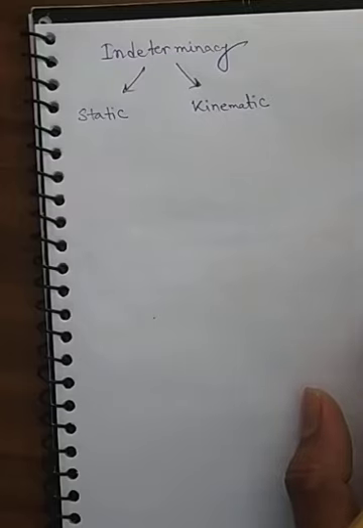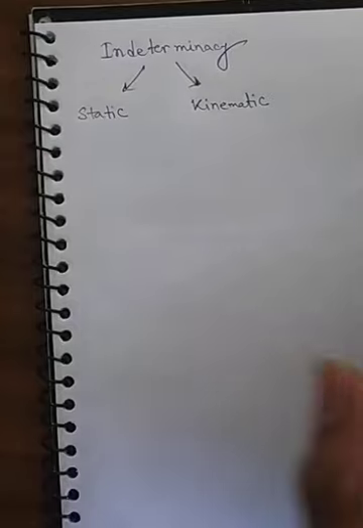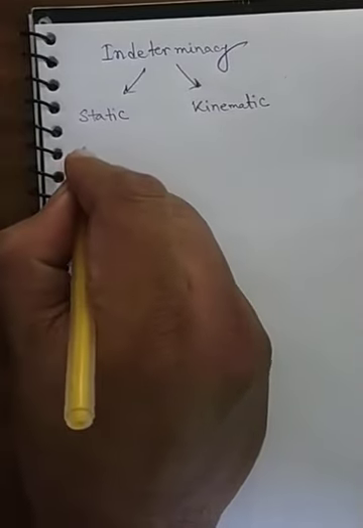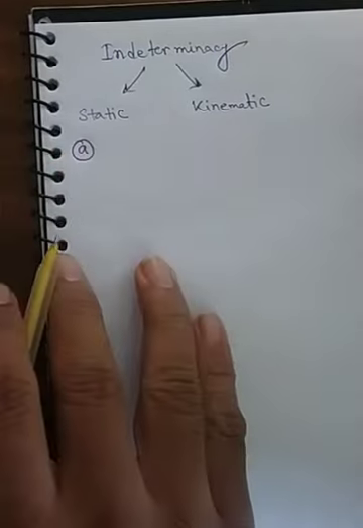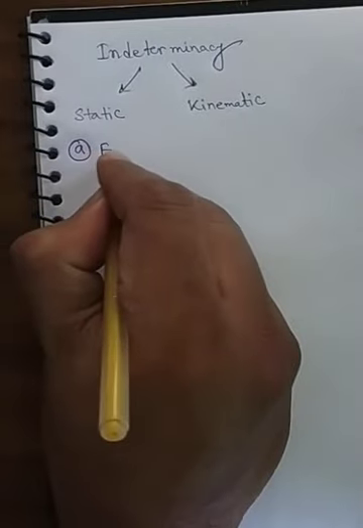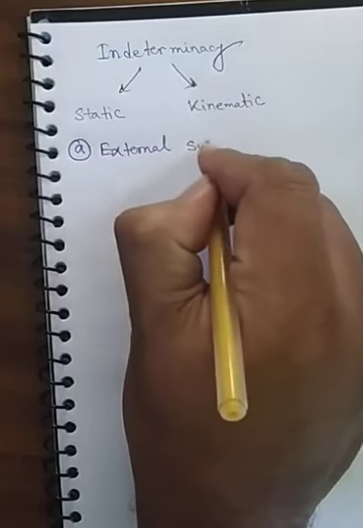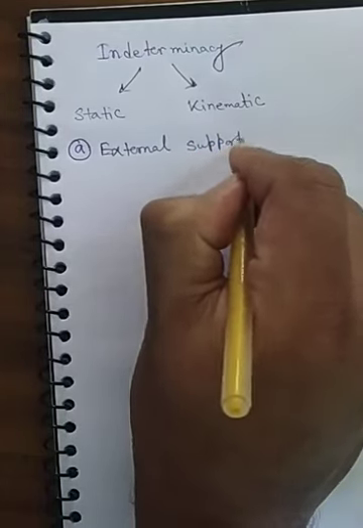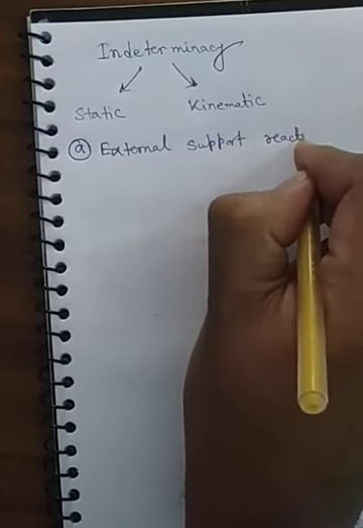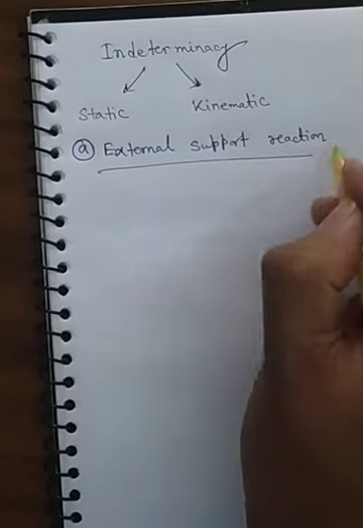So first of all we have to know what is support condition, what is loading condition, what kinds of beams are there. In the structural strength of materials subject in the previous semester you all know about that. So first I would like to introduce what is external support reaction.